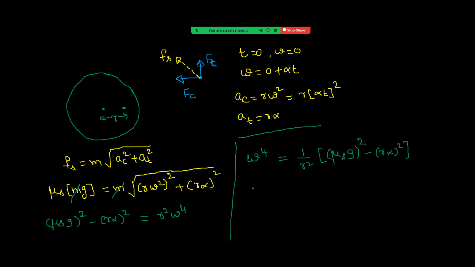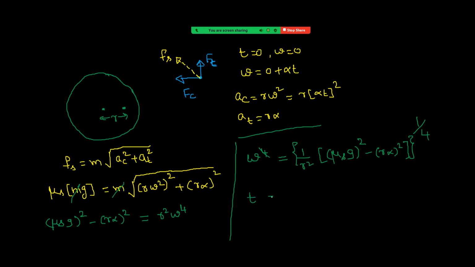Okay. So from this I can take the omega value as whole power 1 by 4. That is the omega value. But omega equal to alpha t, right?